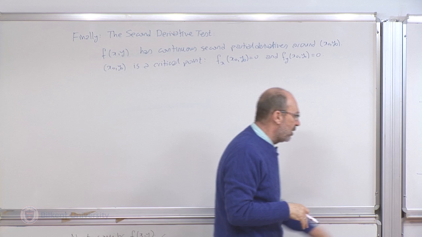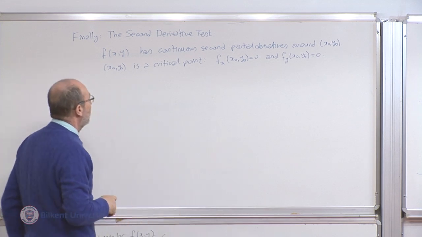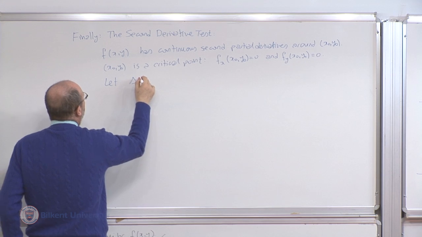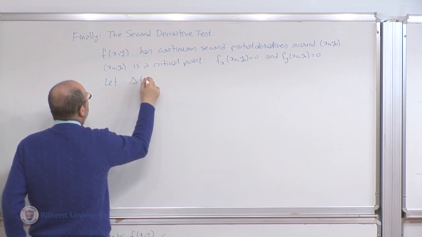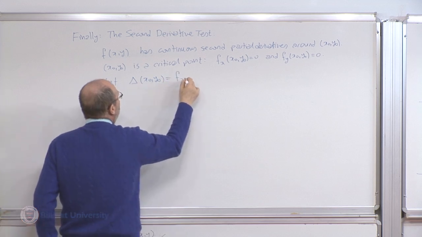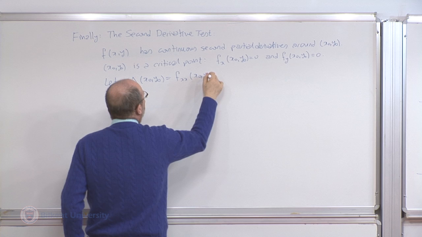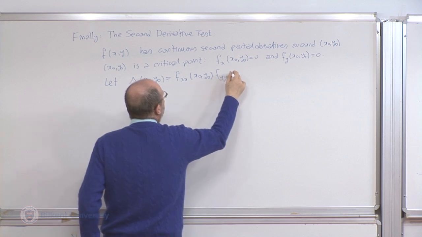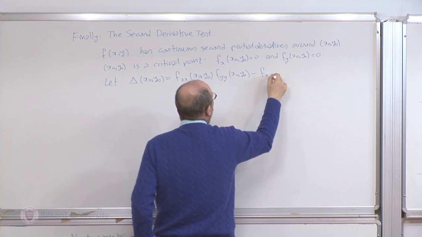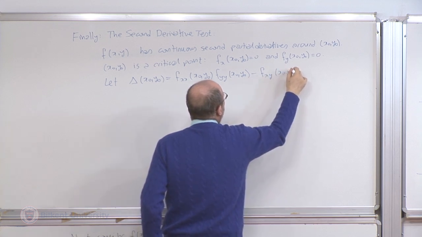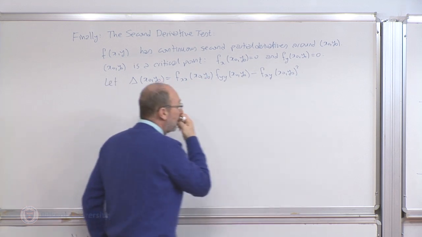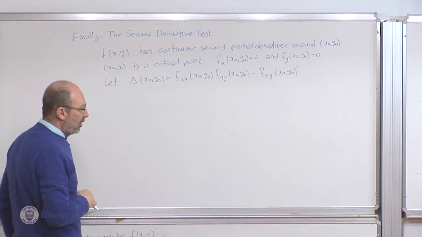So this argument tells me that now we can say something. Let also the discriminant of x sub 0, y sub 0 be fxx times fyy, minus fxy at x sub 0, y sub 0 squared. Now I think these are all the things that we said.